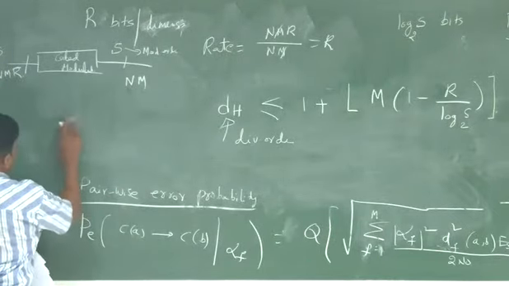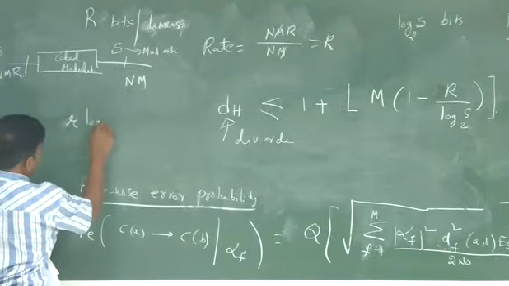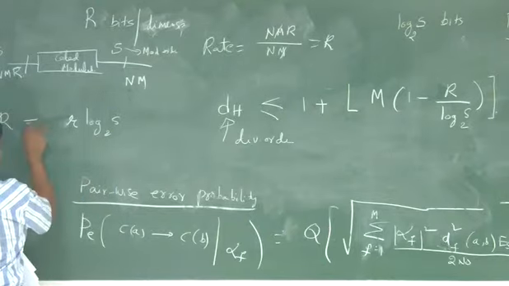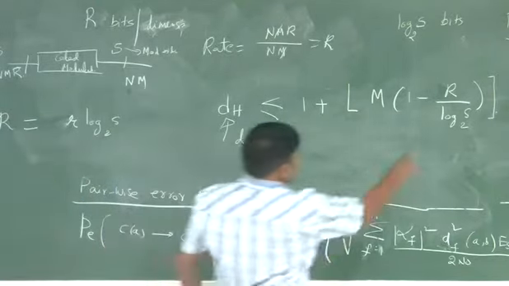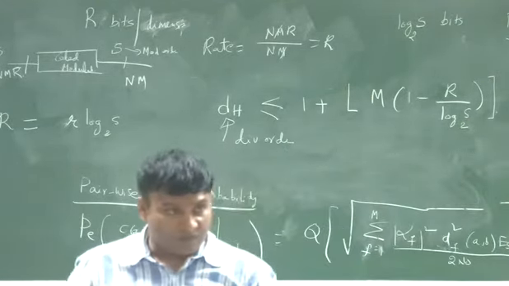This rate, small r into log S to the base 2. This is the capital R. So now you can replace this with small r if you wish for the bit interleaved coded modulation.